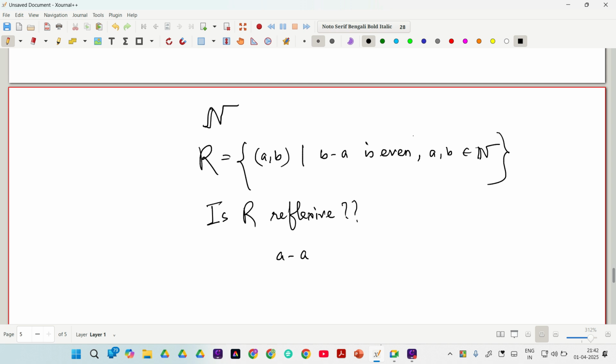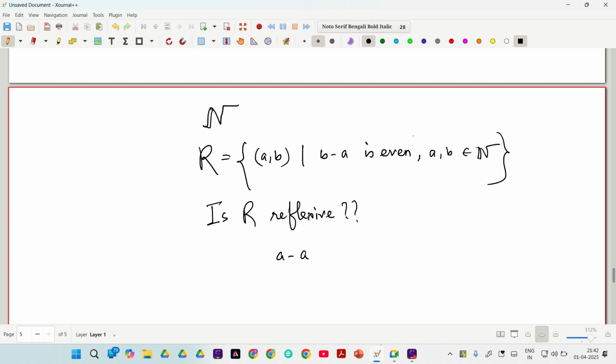That is why we are taking an arbitrary element a from the natural numbers N. We are not specifying some particular element; we are taking in general some element from N. a is a natural number, and we are looking at a minus a.